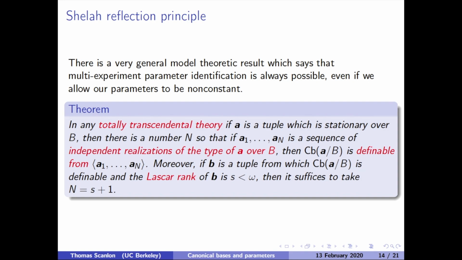We have some tuple A which is stationary over some base B, which is going to be our field K. Then you can find some number n. You can even, in some cases, compute what the number is, so that the canonical base is definable over an independent sequence of n realizations of the type of A over B. And I give a computation for how you might bound that number n. The number n can be bounded by 1 plus the Lascar rank if that's finite.